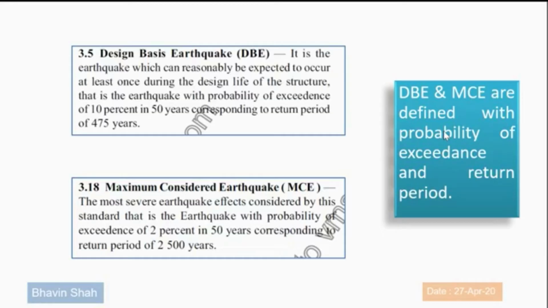It is again because of the same problem we were discussing about the interface between different codes, because IS 1893 Part 1 was recently revised in say 2016 or 2017, and this code was revised in 2015. So we will see that there are major philosophical differences between the two codes.